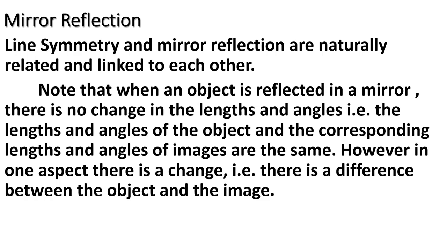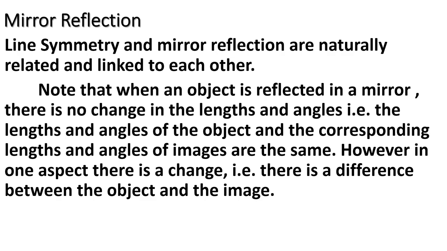When you stand in front of the mirror, whatever is your length, that same length you can see in the mirror also. If you are raising your hand, whatever is the length of your hand, that same length you will see in the mirror image also. Same is of everything.